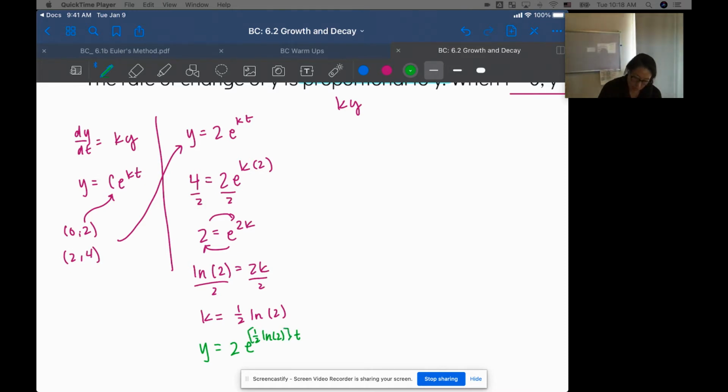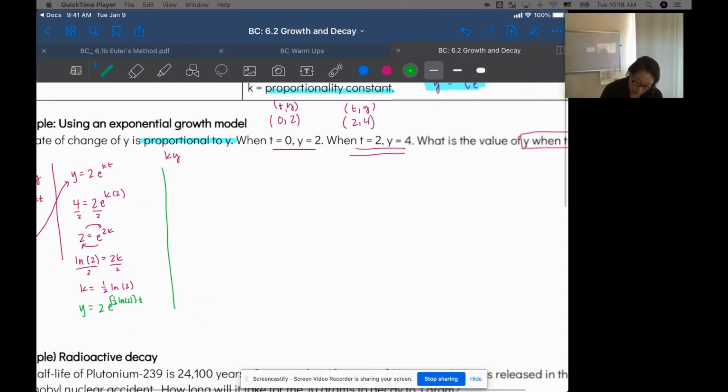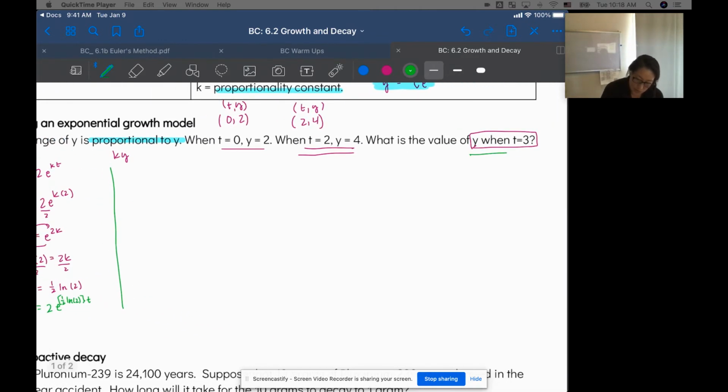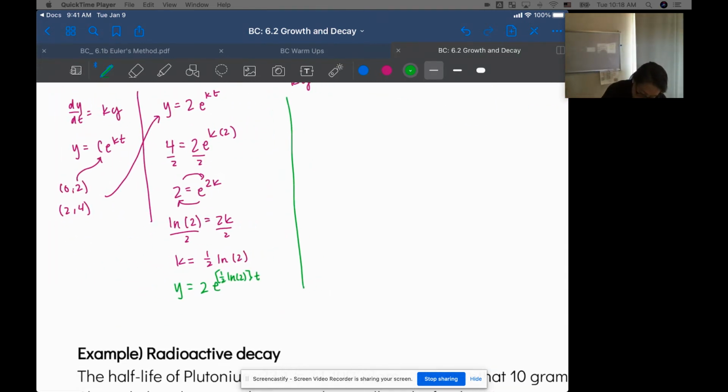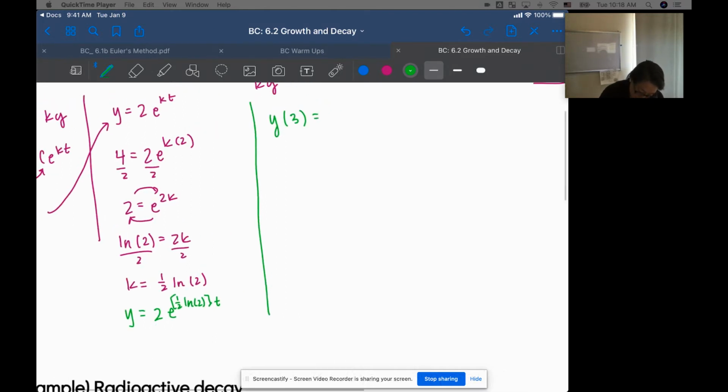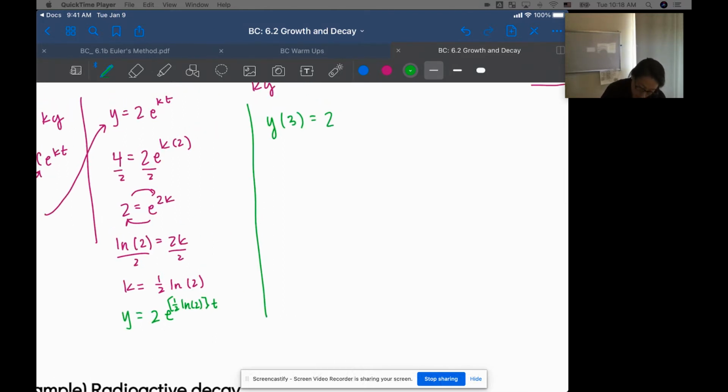Next, we have to figure out what is y when t is equal to 3. So we're going to evaluate y of 3, which is 2 times e to the 1/2 ln 2 times 3.